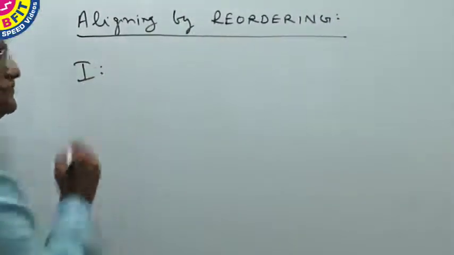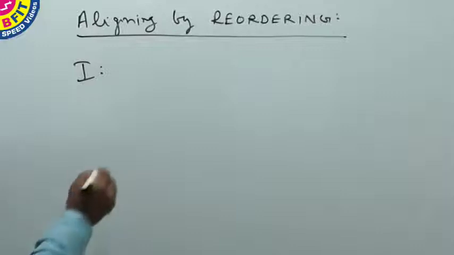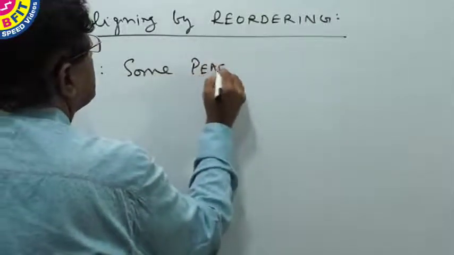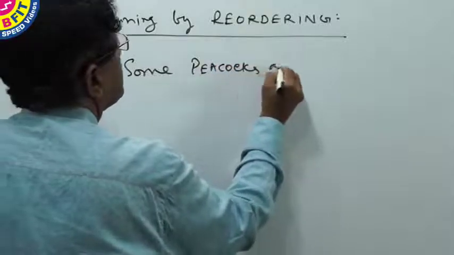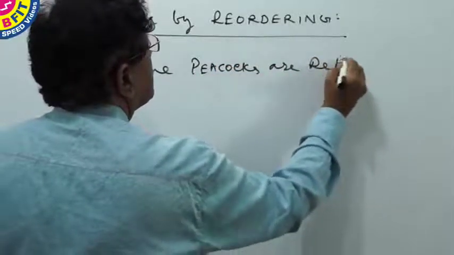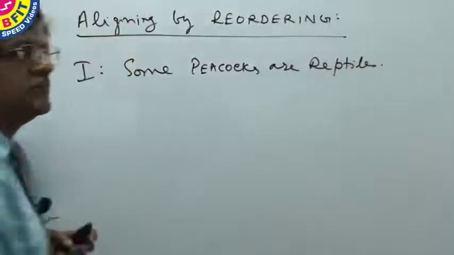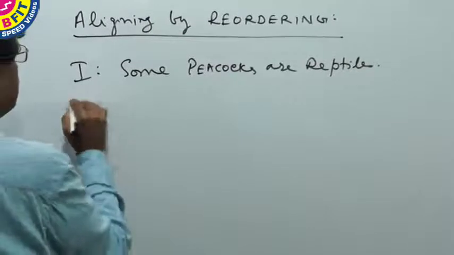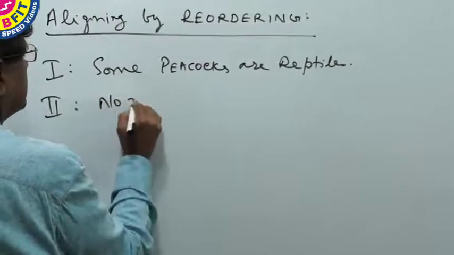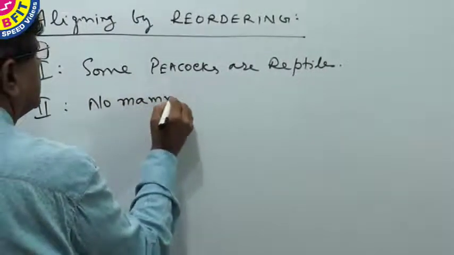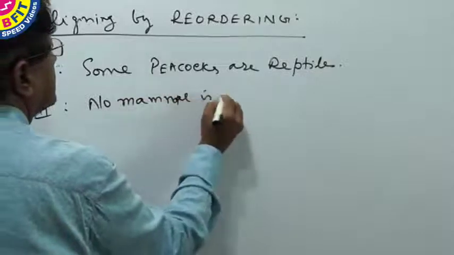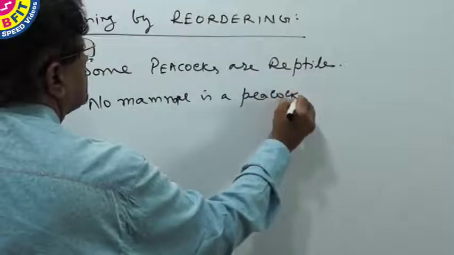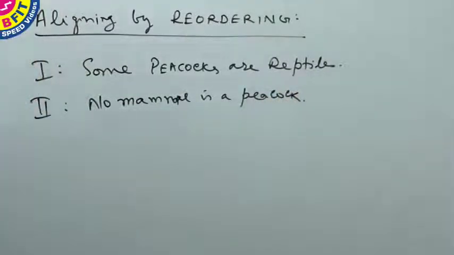Statement 1: Some peacocks are reptiles. Statement 2: No mammal is a peacock. Is there a common term?